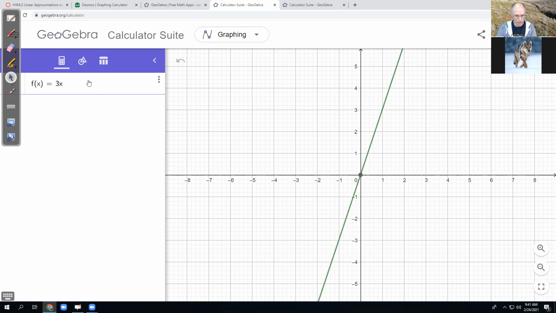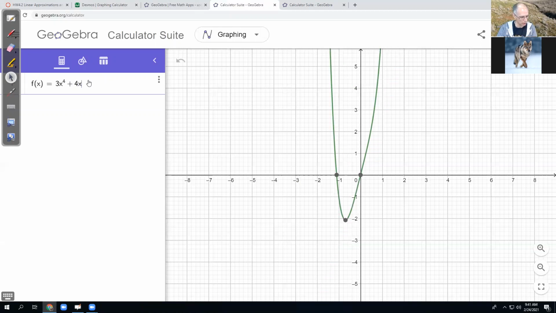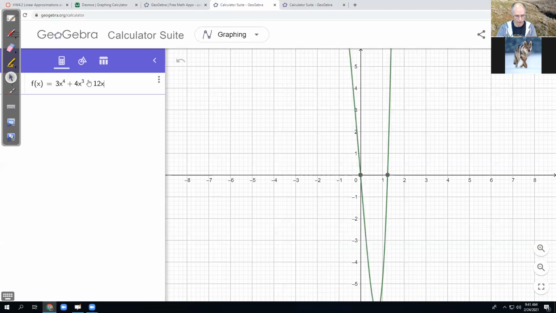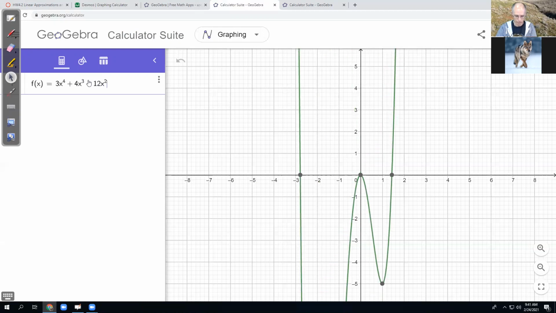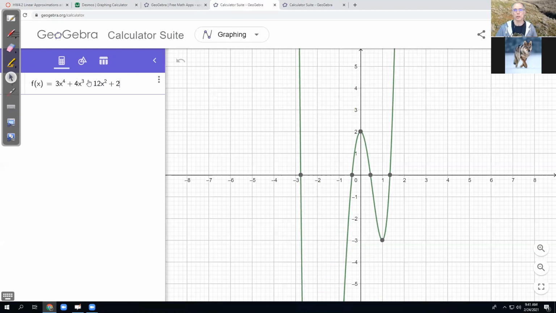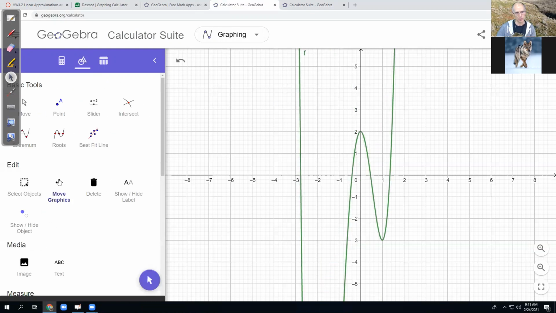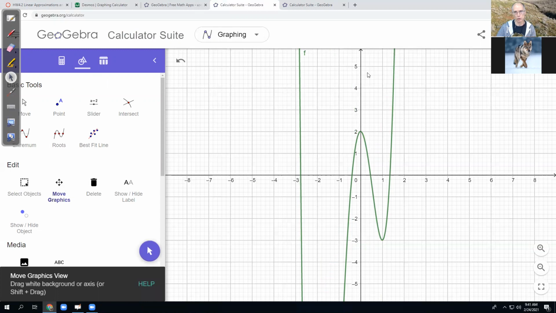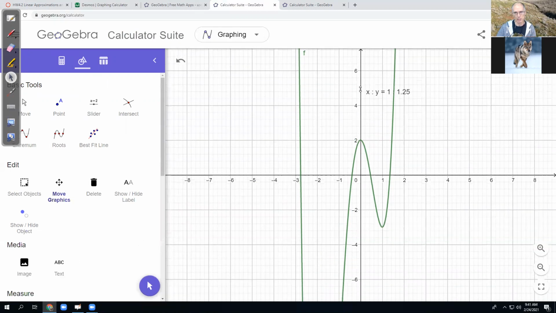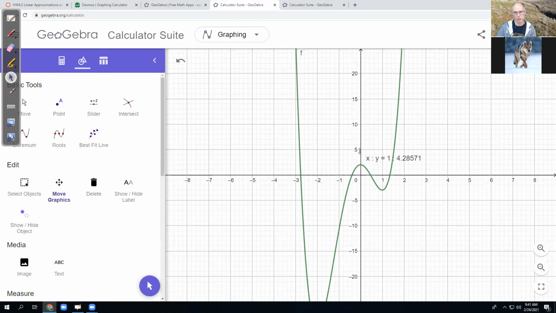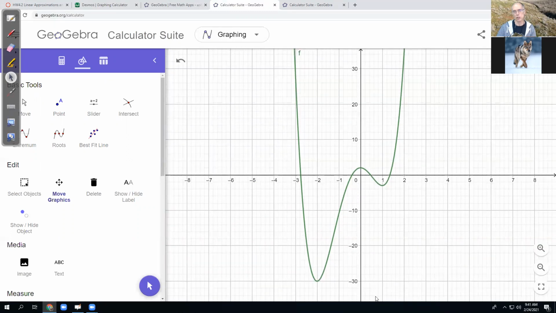Let's look at 3x raised to the 4th power plus 4x raised to the 3rd power minus 12x squared plus 2. The reason I want GeoGebra here is because it's easier to scale the axis with this Move Graphics tool. I can just grab a hold of the y-axis and zoom out on just y. So there's my function.